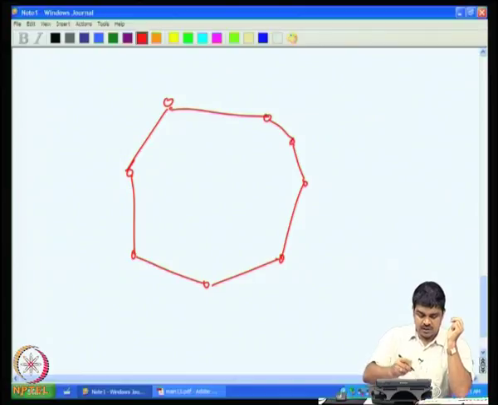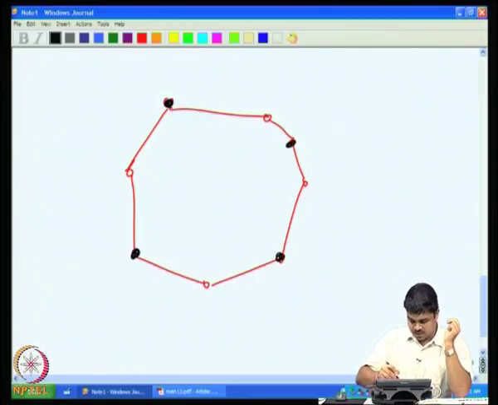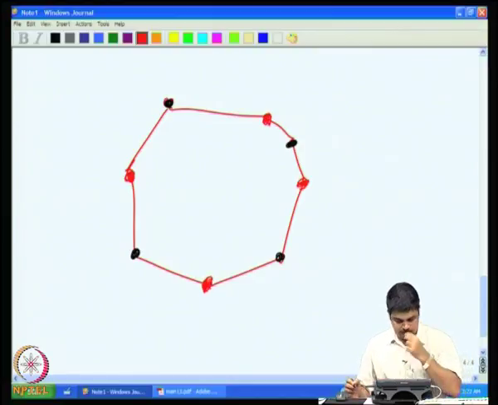A little consideration will reveal that only two colors are required. We can give this one black, and the other one white, and red where needed. So using two colors we can color this one.